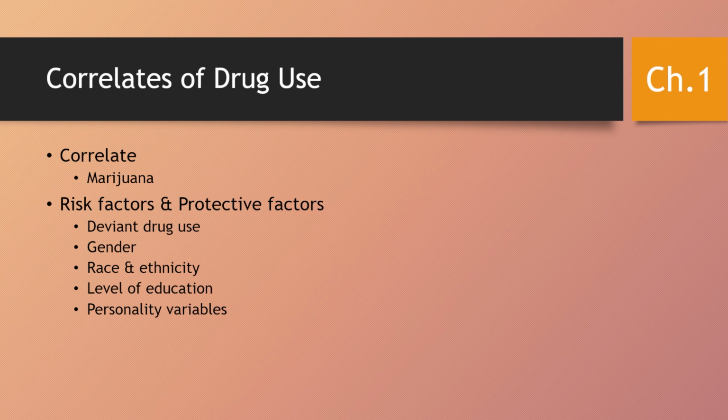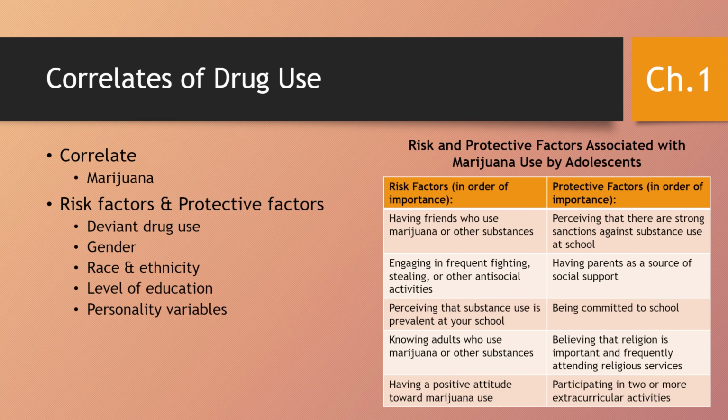And so what I have here to show you is a table that lists some of the risk factors and then also some of the protective factors here as well. And so these fall in order of importance. So risk factors, again, are those that are going to cause people to be more likely to engage in drug use, and protective factors are going to cause people to be less likely to engage in drug use.